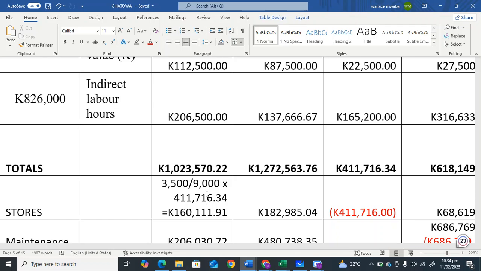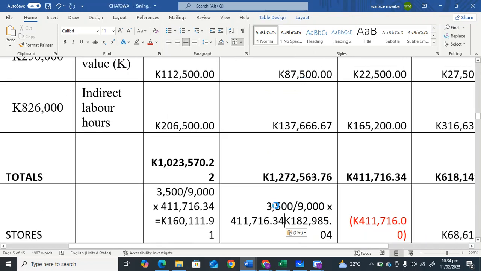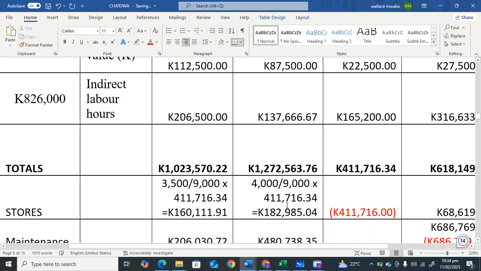Now we go to assembly. Remember number of store requisitions for assembly is 4,000. So you're going to say 4,000 divided by 9,000 times this 411,716.34. But let's confirm if we're getting similar values to this.